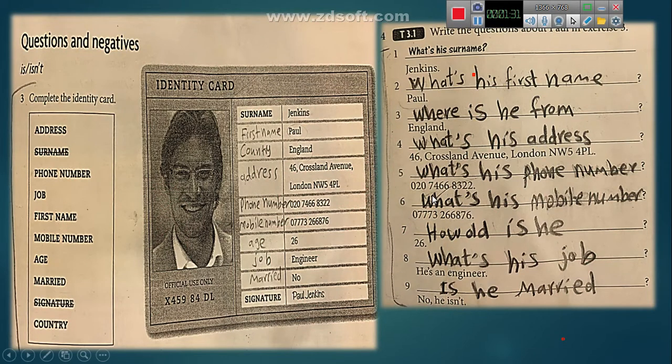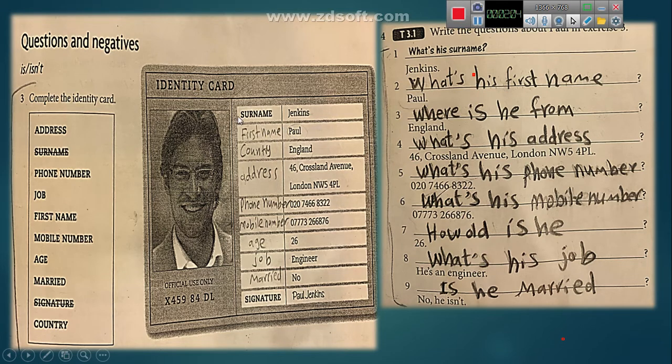The next exercise: questions and negatives, and then complete the identity card. Address, surname, phone number, job, first name, mobile number, age, married, signature, country. We will complete these boxes by choosing one of these words and putting it there depending on the word.